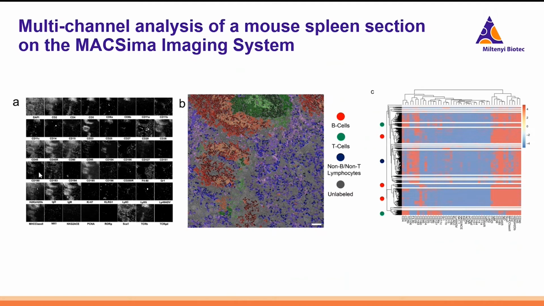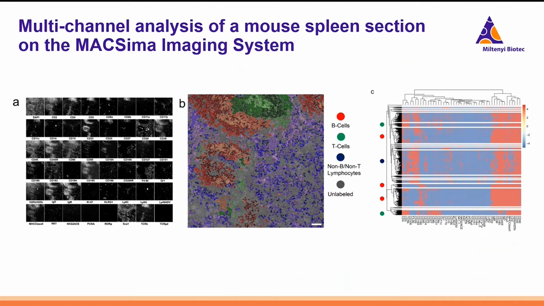And to generate the image you see here in the middle, as B, they performed image segmentation and determined the expression levels of the individual markers at the single cell level and grouped them into different clusters, using k-means clustering. You also heard about it before.